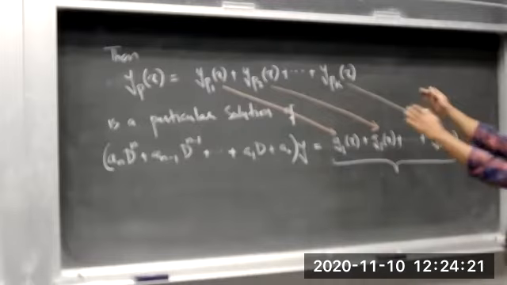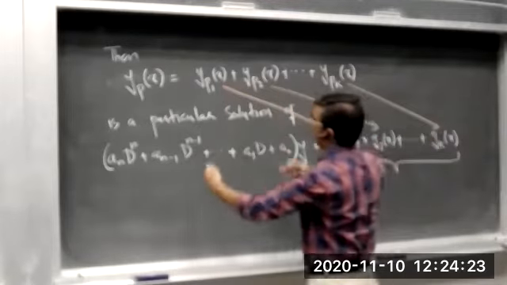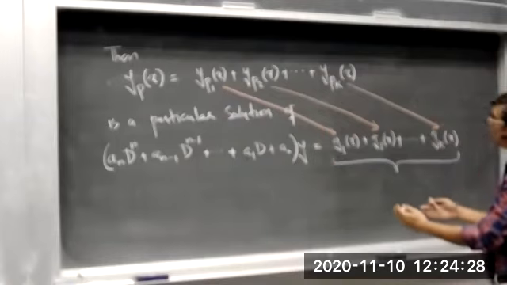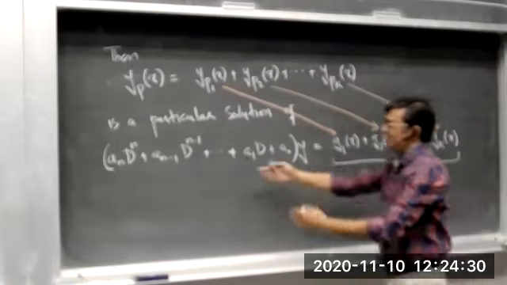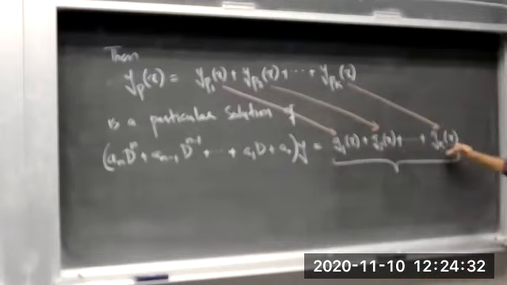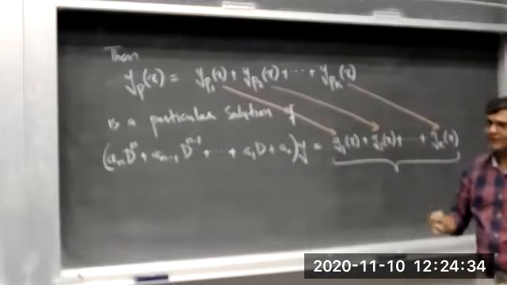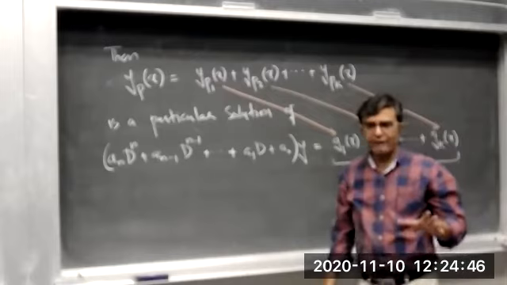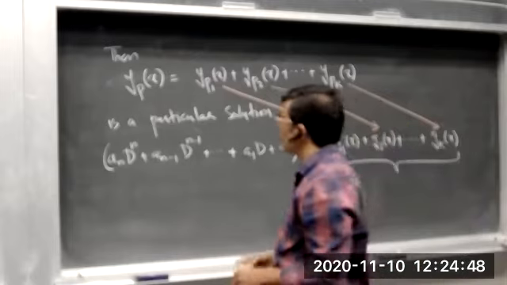Then the sum of all these particular solutions will be basically the solution of this differential equation in which we add up the right hand side functions. So this is basically the principle of superposition in this case, where the differential equation is non-homogeneous. Okay, I hope you get it. If you have any question, you can ask me.